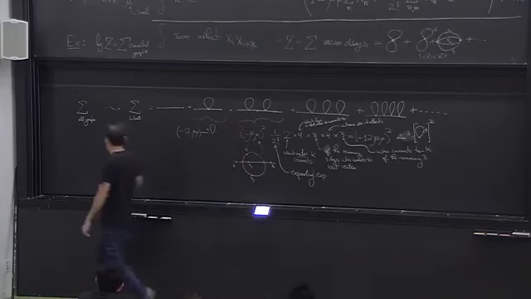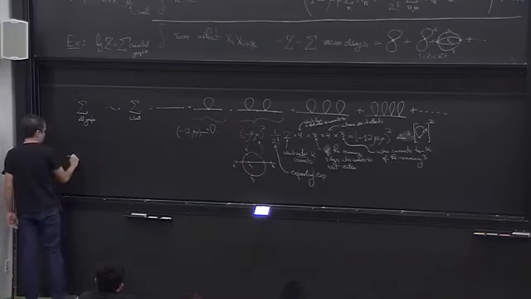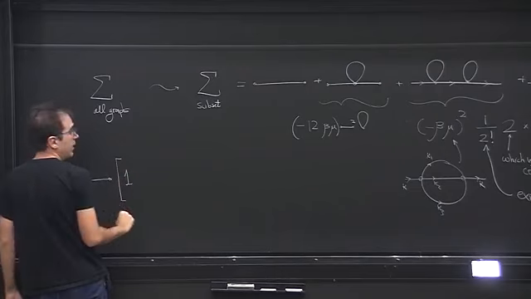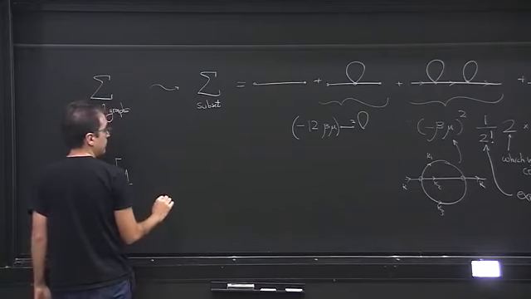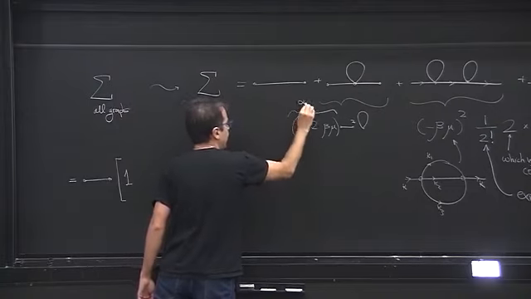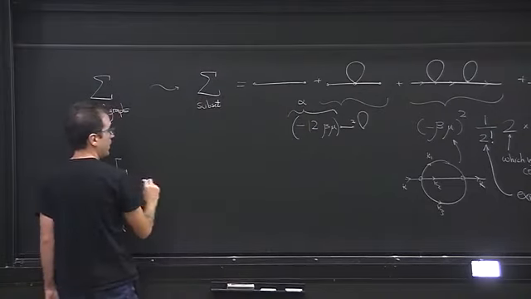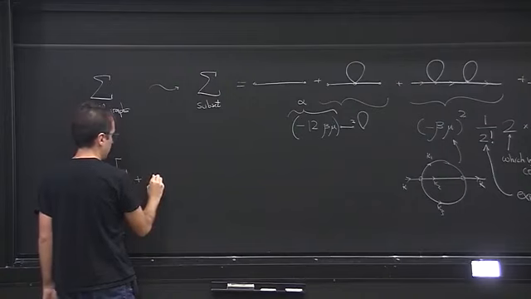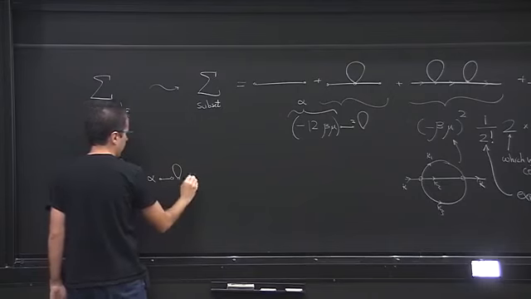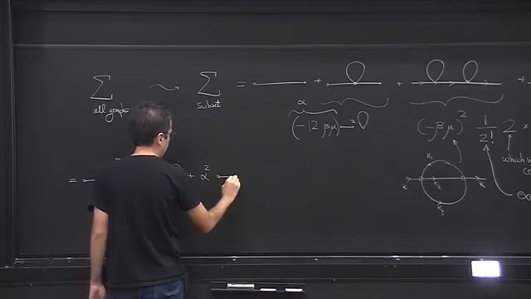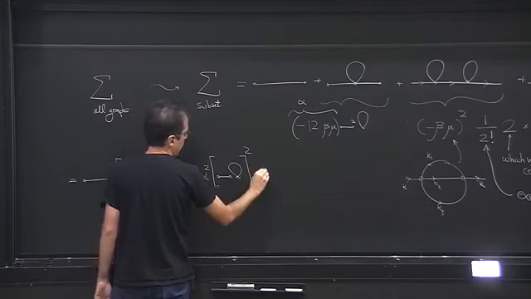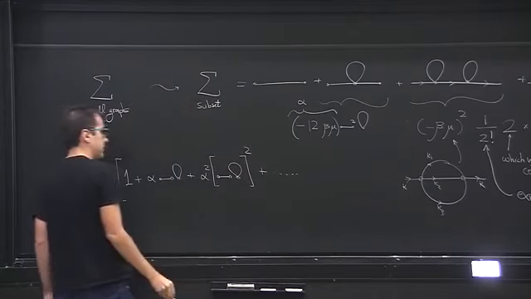So all in all, I'm getting propagator, I factor it out. 1, that's from this term. Let me call this term alpha. 1 plus alpha propagator bubble plus alpha square propagator bubble square plus dot dot dot.